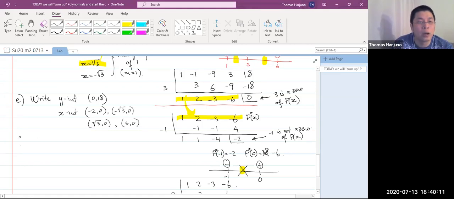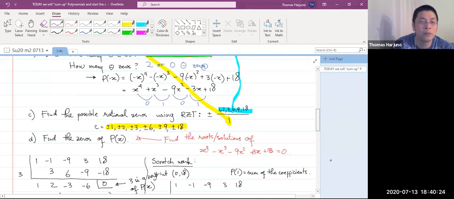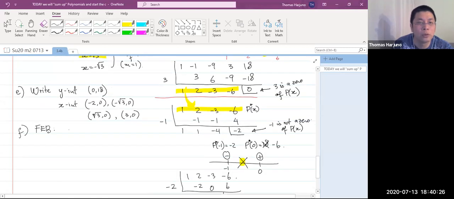And then what else? Find the far end behavior. Far end behavior follows the leading term. The leading term is x to the 4. It is positive x to the 4, so it must be top.